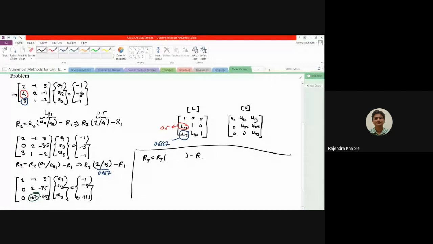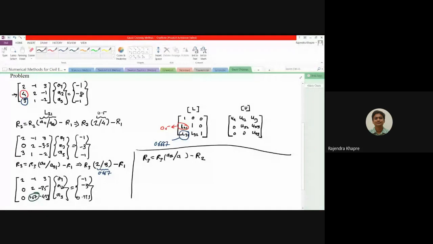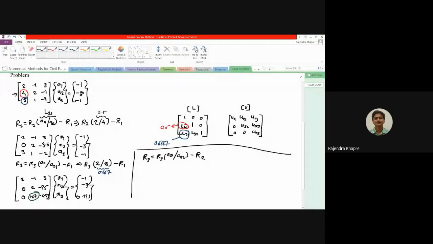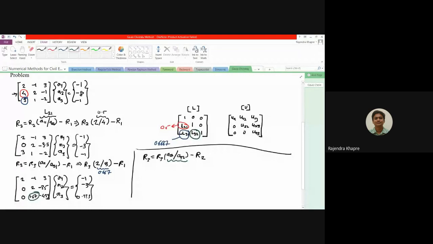This is what we have learned in the Gauss elimination method. That factor will have A22 in the numerator and here this will be A32. Basically this factor is for this one, because we are eliminating this 1.667.